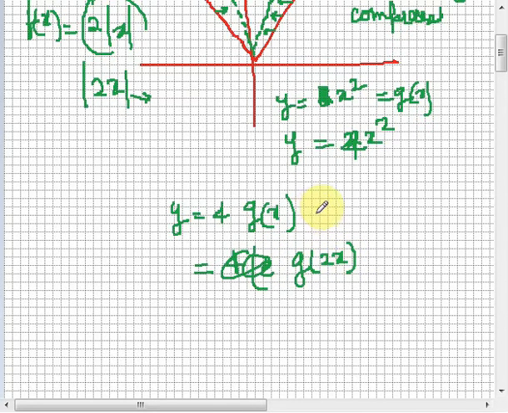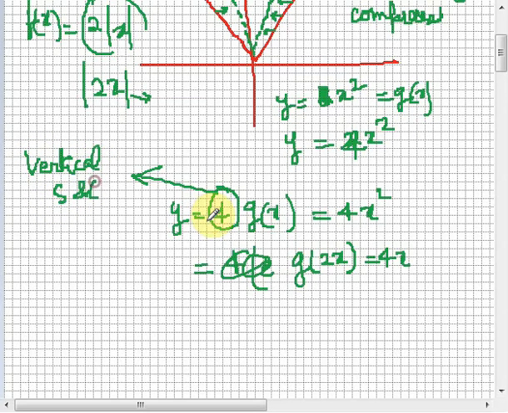The output will be the same, 4x square. Here it is multiplied by a constant, so it is vertical stretching. Here x is multiplied by a constant, so it is horizontal. But the output will be the same, but the explanation will be different.